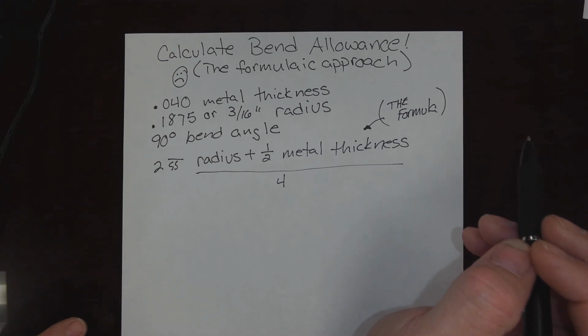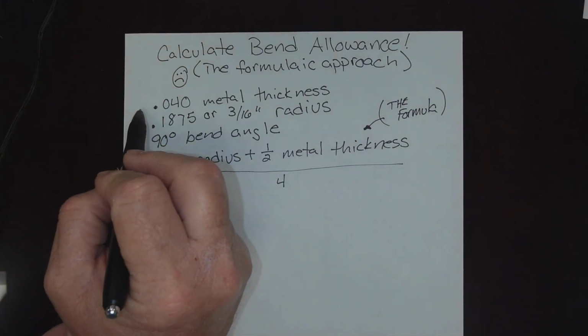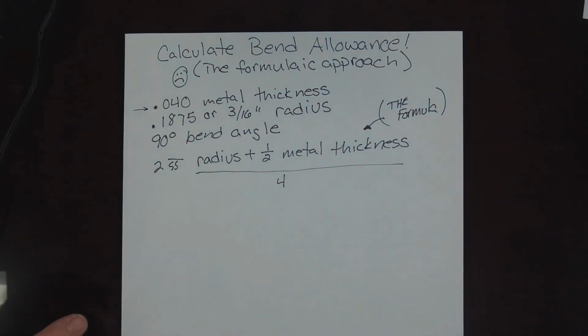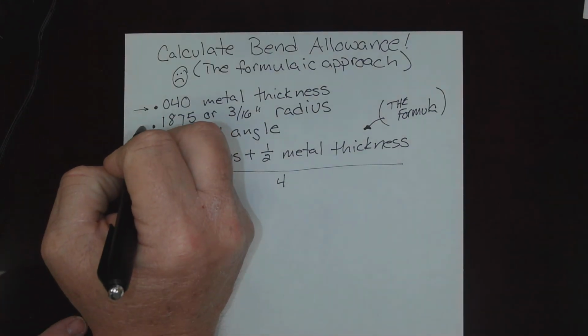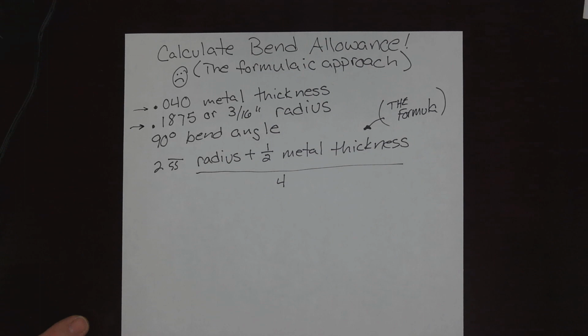Well, for us to do so, there need to be a few givens. One, in this case, metal thickness. That would come from our drawing specifications, or we measure the metal on the part that's damaged that we're going to fix. The other is the radius. Same thing. It's either given to us on a drawing, or we will calculate, measure, and determine it based on the old damaged part.